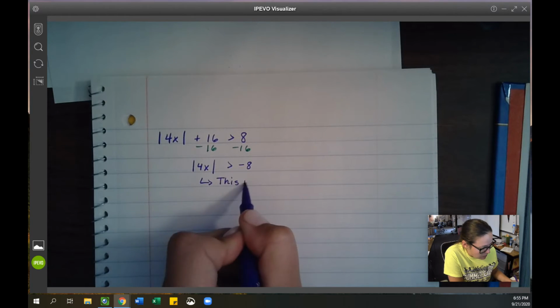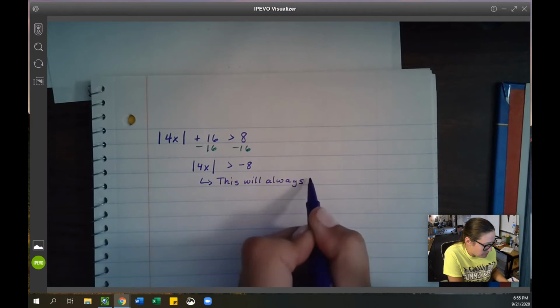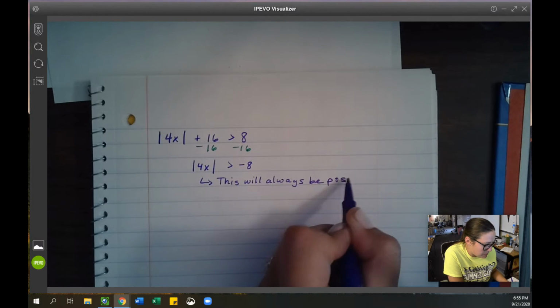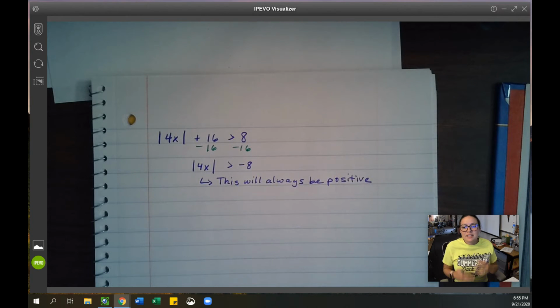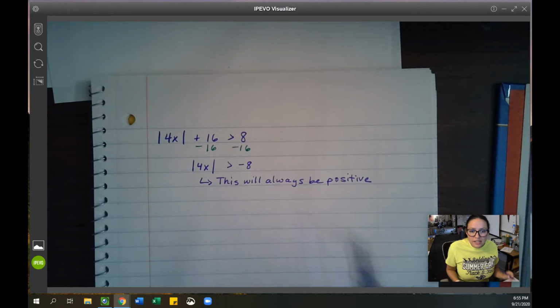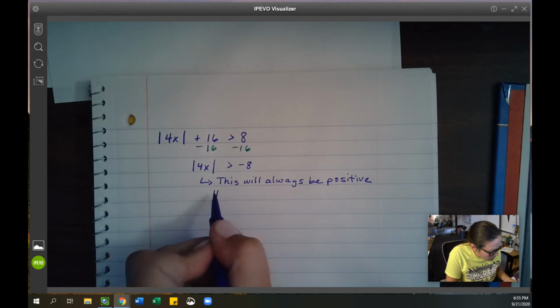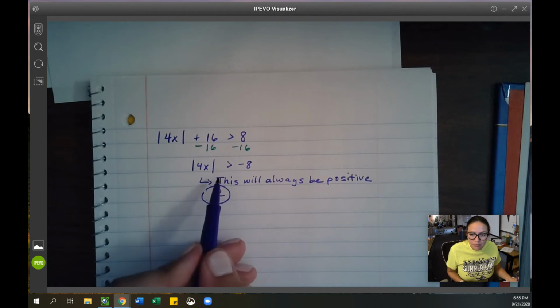This will always be positive. And if the left side is always positive, that means it will always be greater than negative 8. So this actually means that it's not no solution, it's all real numbers. That means no matter what x is, this will always be true.